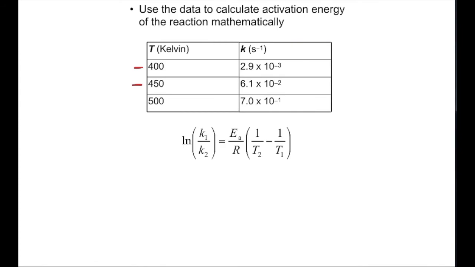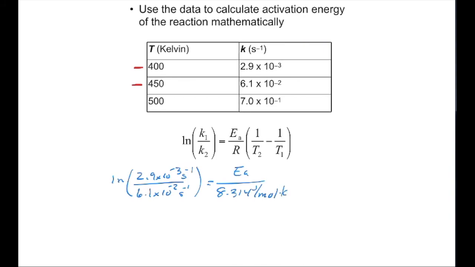So we're going to have natural log of K1, 2.9 times 10 to the minus 3 seconds to the minus 1, divided by 6.1 times 10 to the minus 2 seconds to the minus 1, equals EA over 8.314 joules per mole Kelvin. And it's going to be multiplied by 1 over 450 Kelvin minus 1 over 400 Kelvin.